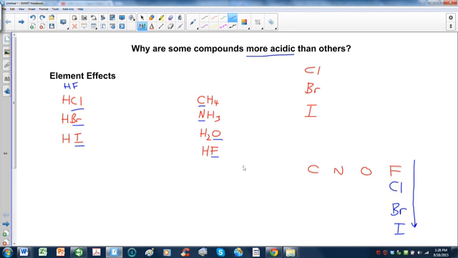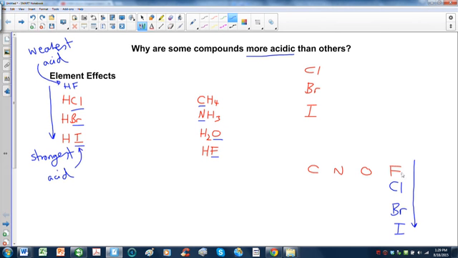In other words, going down this group, the strength of the acid is increasing. So therefore HI is the strongest acid between HI, HBr, HCl and HF. And HF out of those 4 is the weakest acid. Alright? So HF is the weakest acid, HI is the strongest acid.